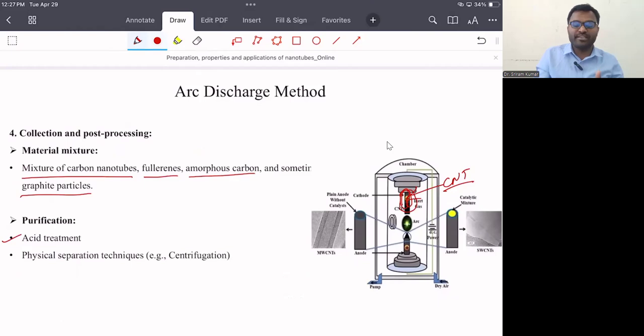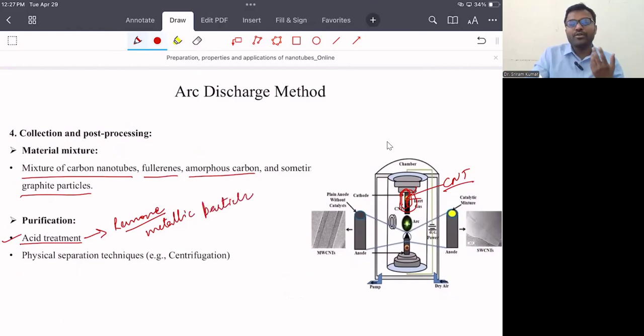One is the acid treatment. By the acid treatment, we remove the metallic contaminations, the catalyst metallic particles.